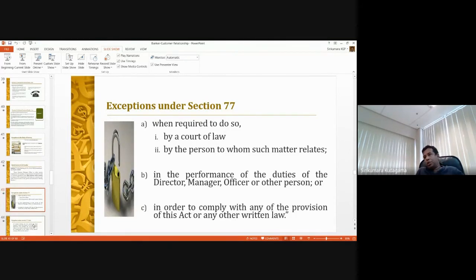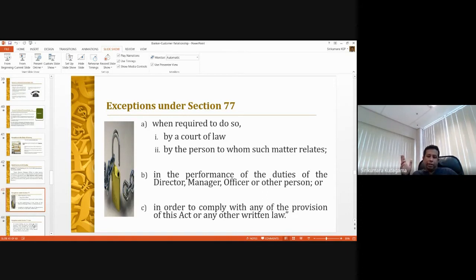Now, those circumstances are basically instances where the customer consents, gives permission, and requires the bank to divulge information. In those circumstances, the bank is not prevented by bankers' duty of secrecy.